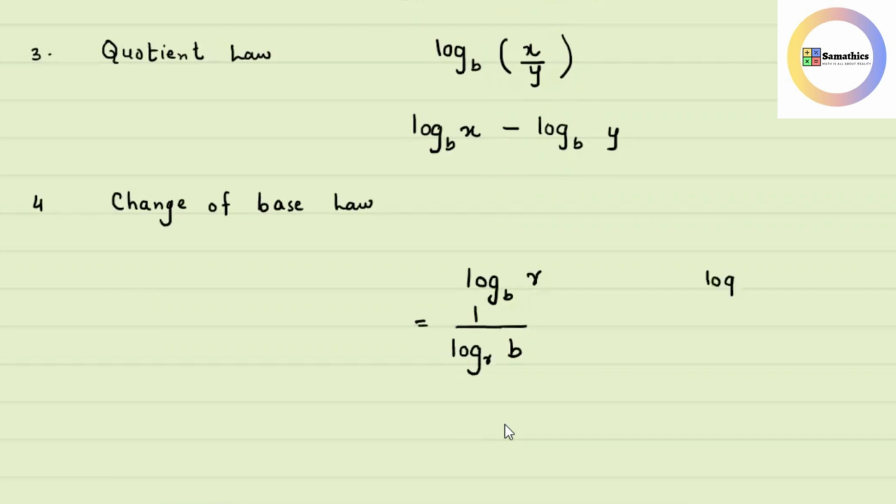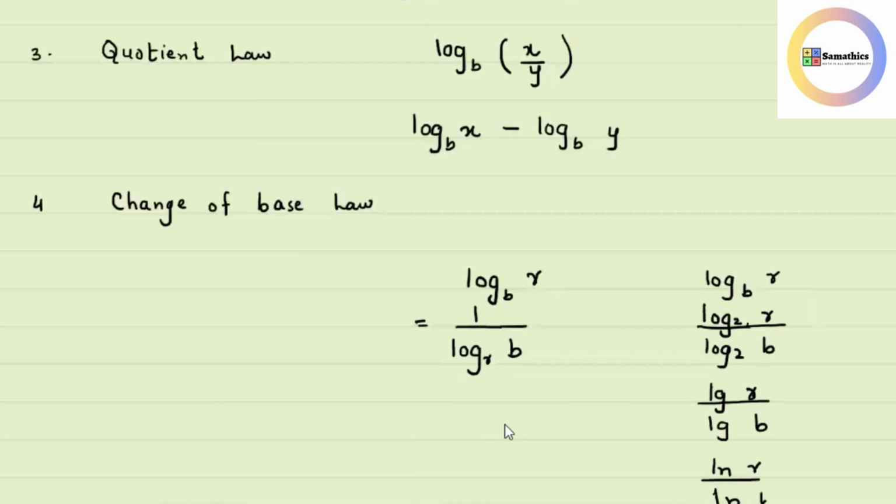Another way is, if this is written like this, then you can write it as log of r upon log of b, and here you can put any base. You can put 2, or you can write it as lg r upon lg b, or you can write ln r upon ln b.